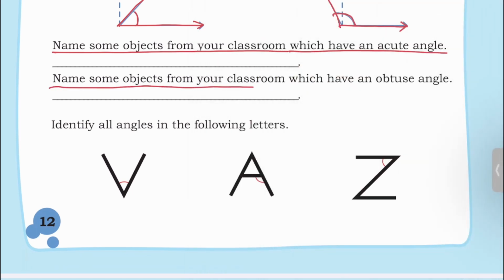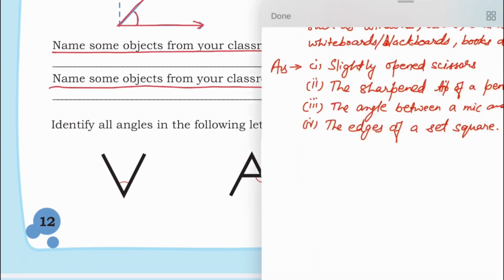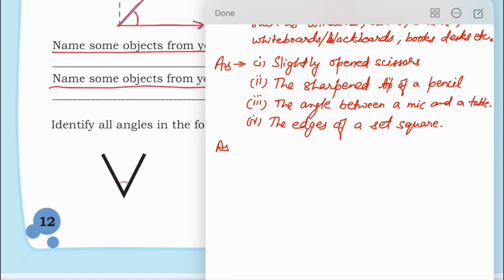Name some objects from your classroom which have an obtuse angle. Answer. A tilted laptop screen.